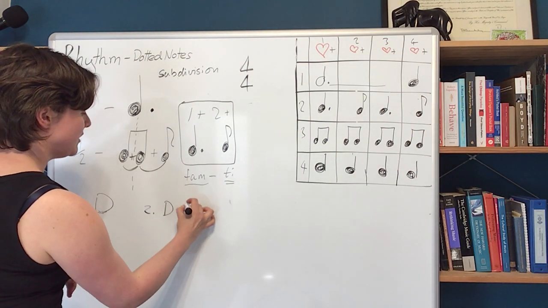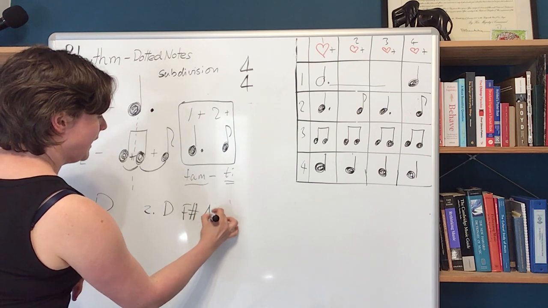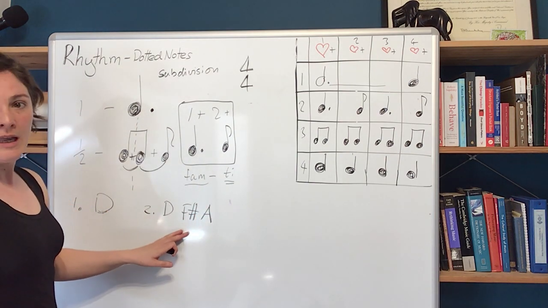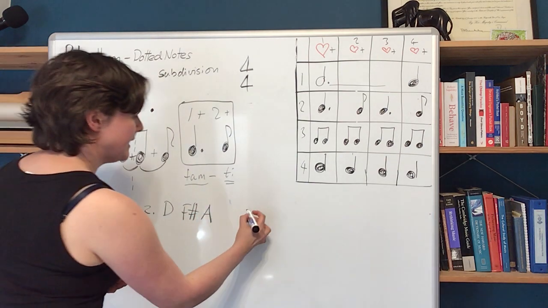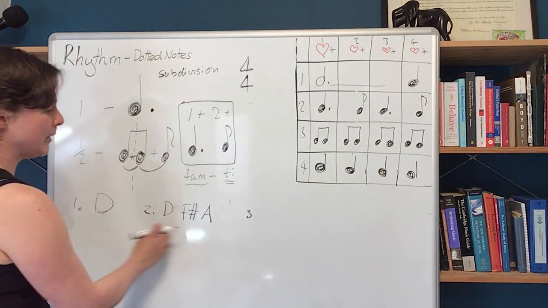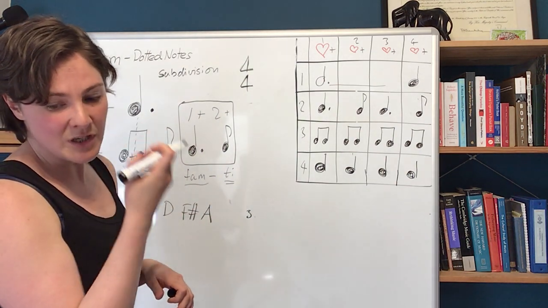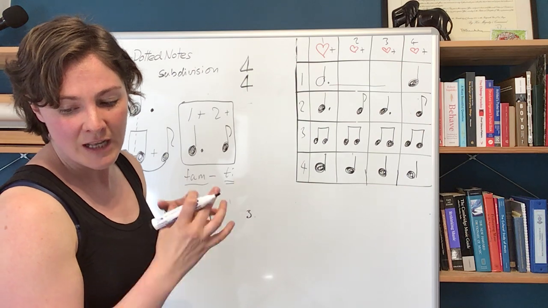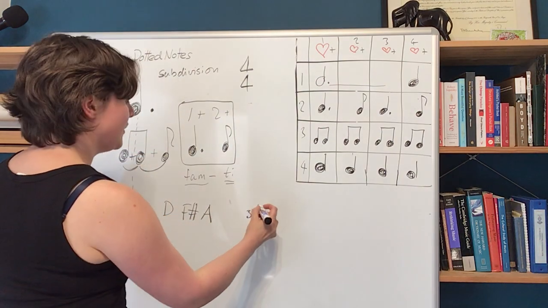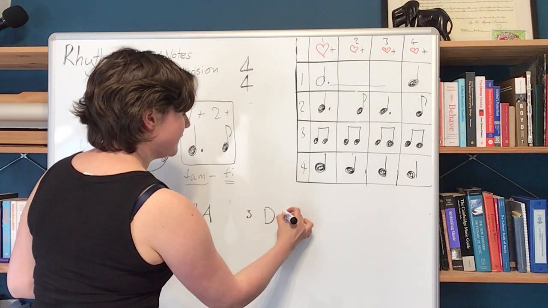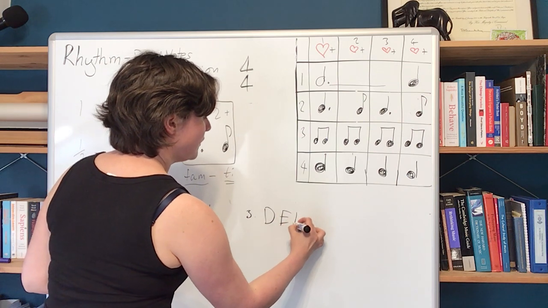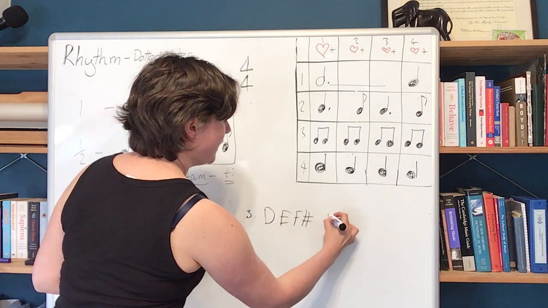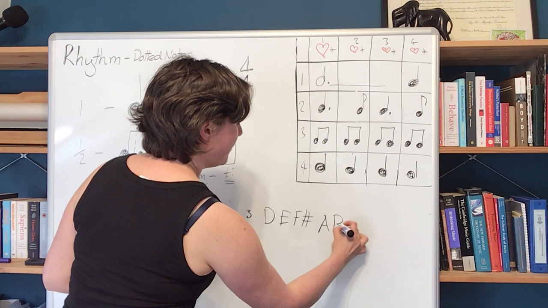Second time through, we're going to do D, F sharp, and A. Okay, and again, if you want to use any of these steps earlier on and just practice it 3 times through, doing the hardest version, that's fine. And the third time through, we're going to do a pentatonic scale starting on D. So we've got D, E, F sharp, A, and B.